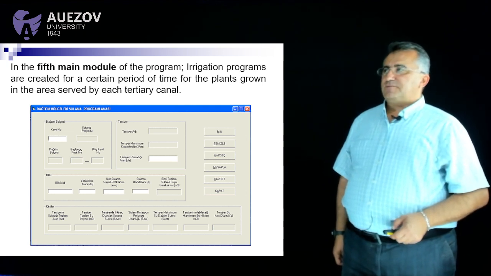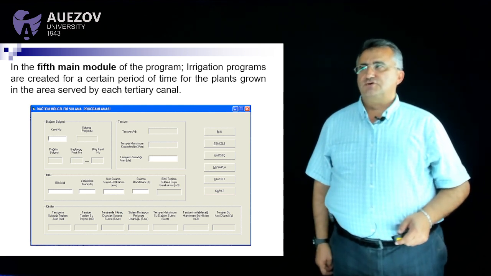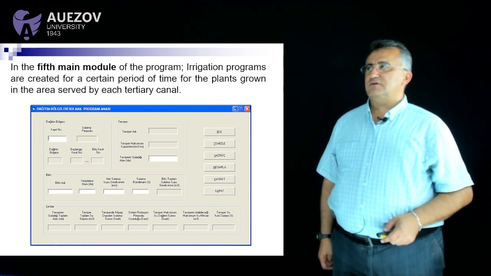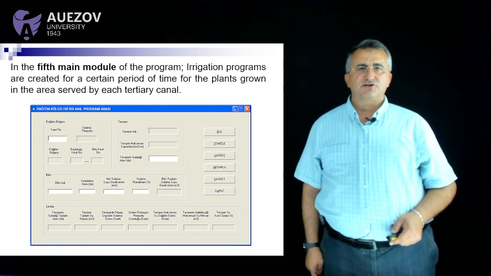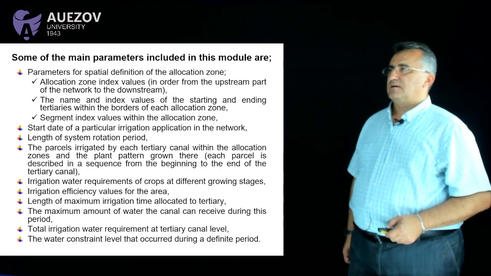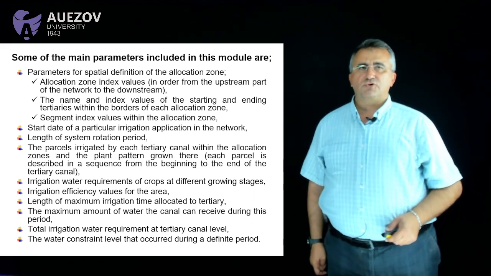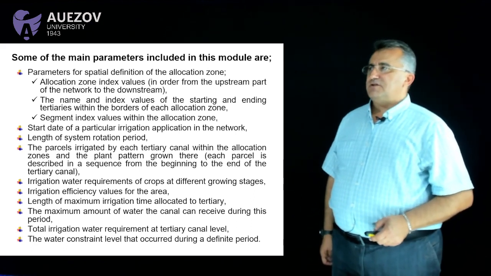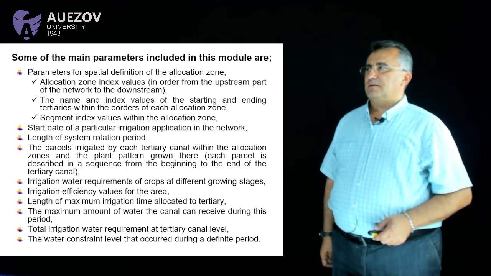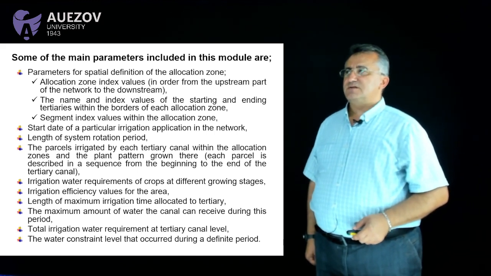In the fifth main module of the program, irrigation programs are created for a certain period of time for the plants grown in the area served by each tertiary canal. Some of the main parameters included in this module are parameters for spatial definition of the allocation zone. It is divided into 3 subgroups.